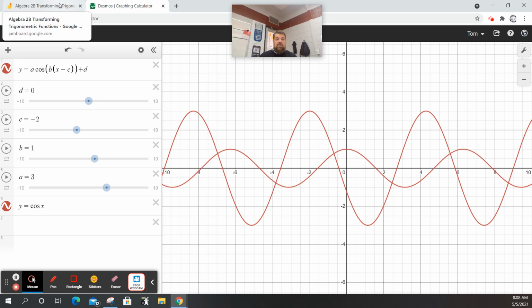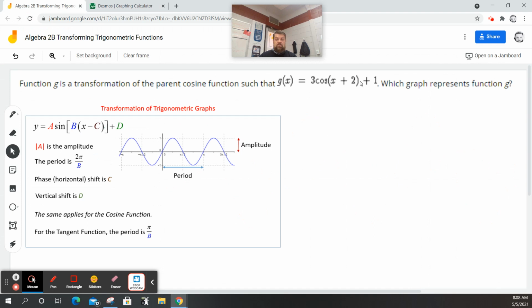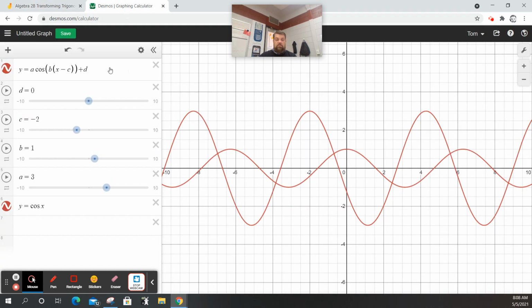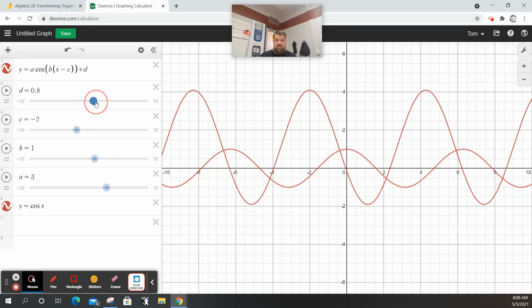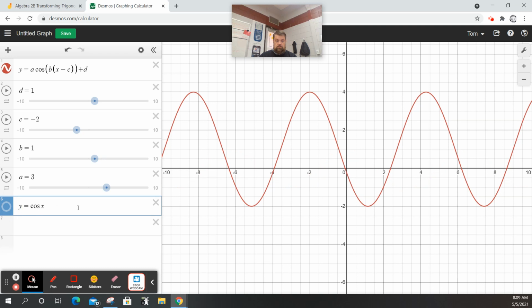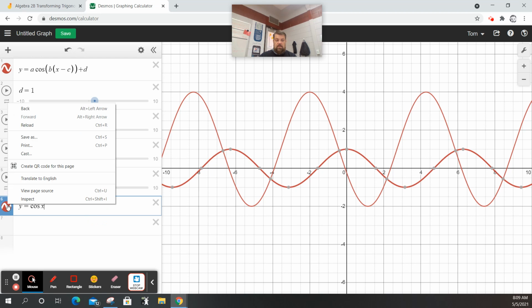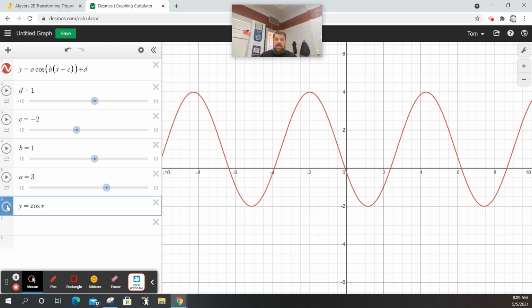Now the next thing we need to do is d. D is the vertical shift, so I'm just going to slide it up 1. As I increase d, it just slides the function up. So this was the original function, and that's the transformed function.